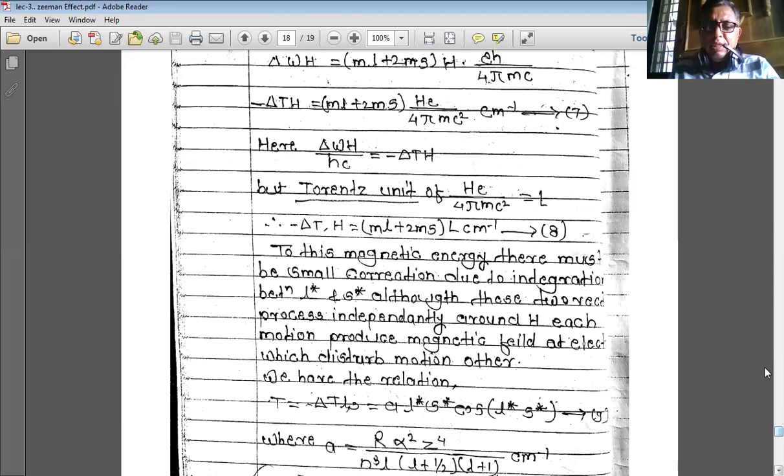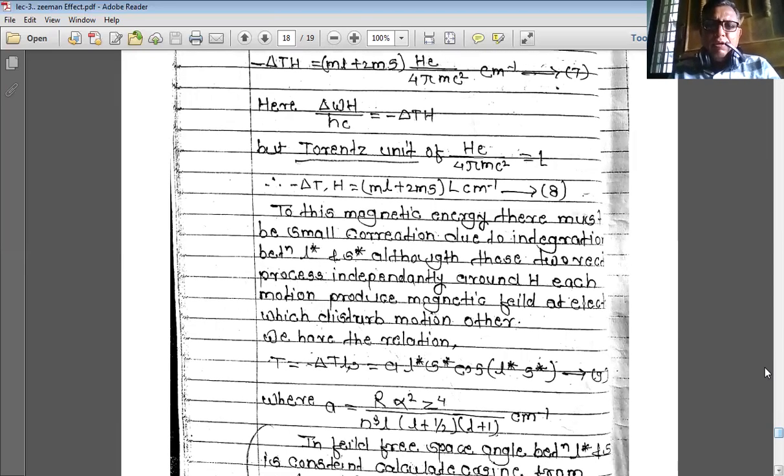This equation is 9, and where A is equal to R alpha square Z to the power 4 divided by n to the power 3 L in bracket L plus half and in L plus 1 raised to centimeter inverse.